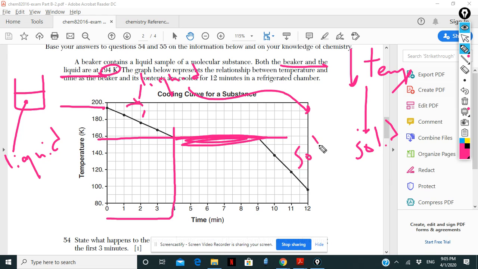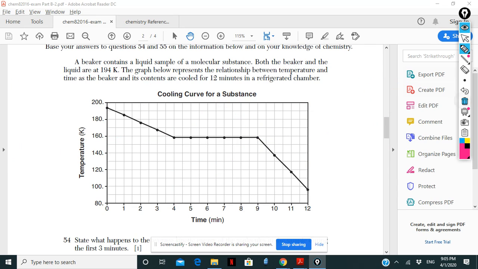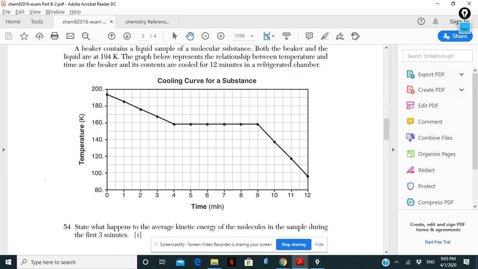So that's the solid. Here, the intermediate is the solidification or freezing point. That's the freezing point. Now we analyze the graph. Let's go to the questions now.